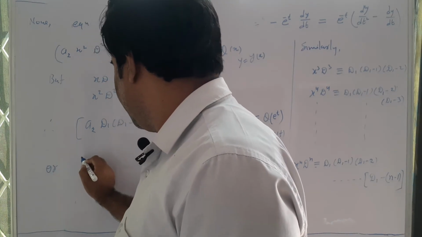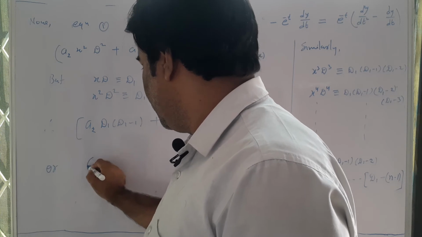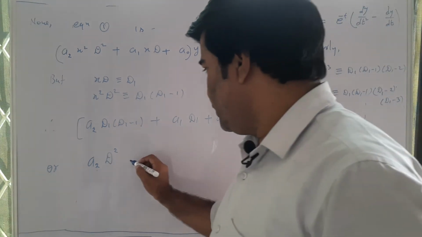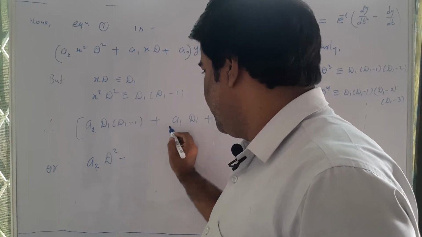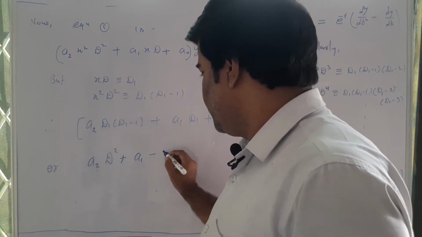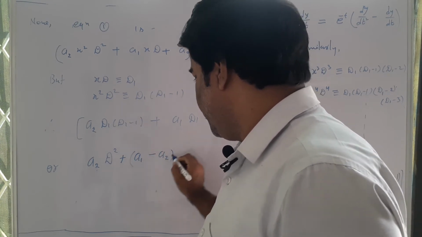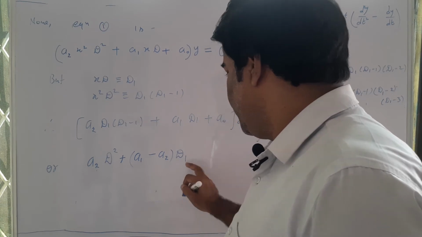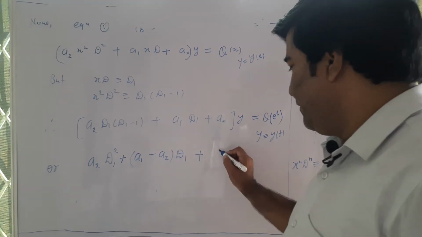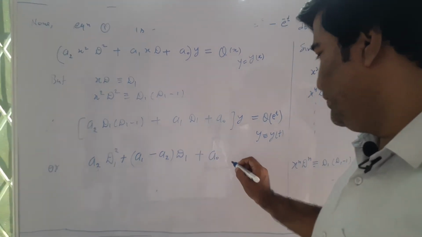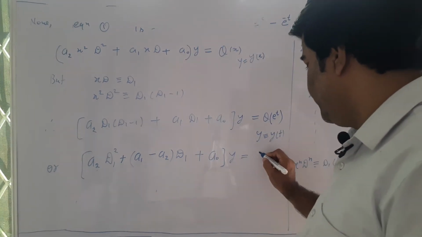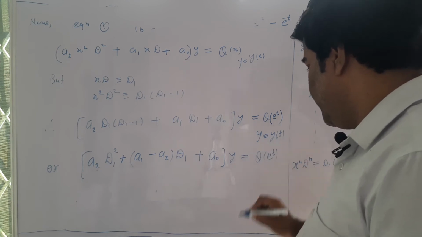And this equation becomes a2 D1 square, and from here we have coefficient of D1 as a1 minus a2, plus a naught, y is equal to Q e to the power t.